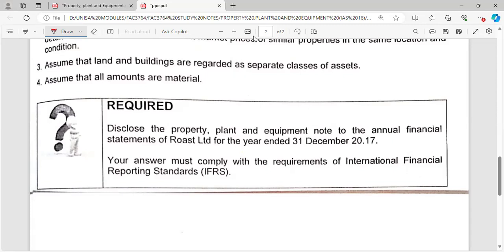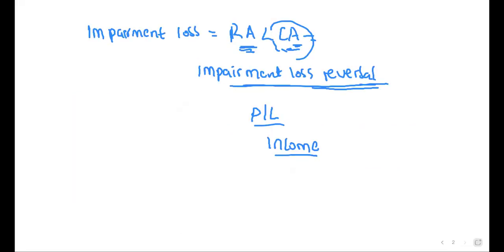All your calculations should go below your format. So the first thing that you need to do is lay out your format. We are dealing with Roast Limited.